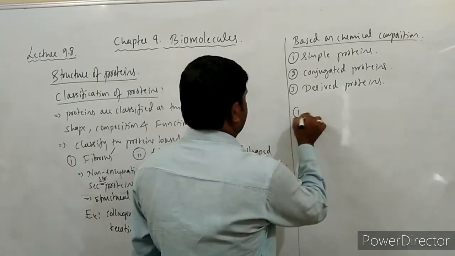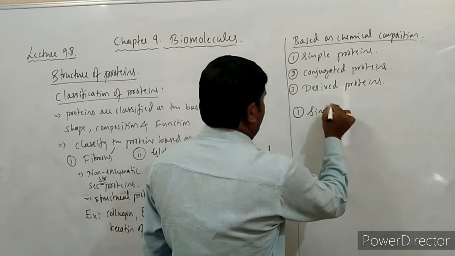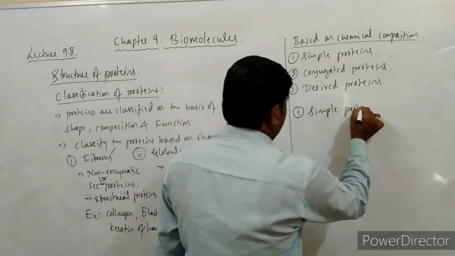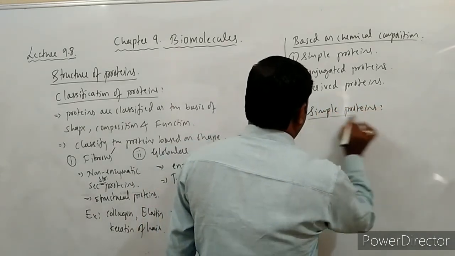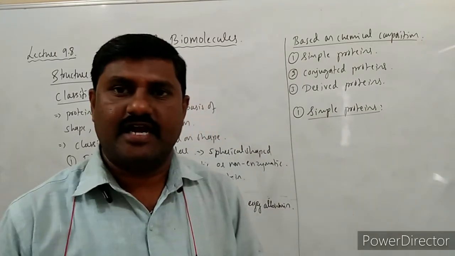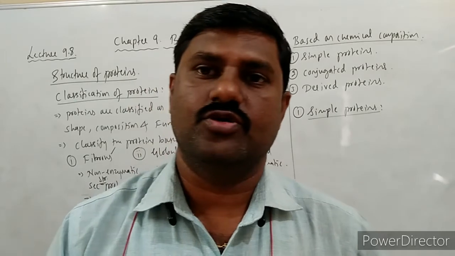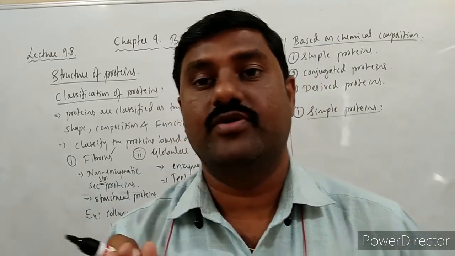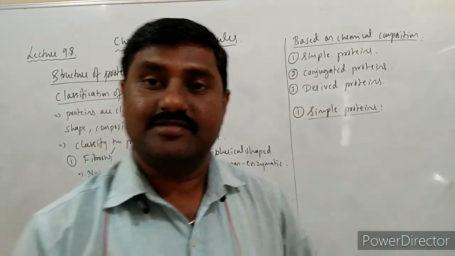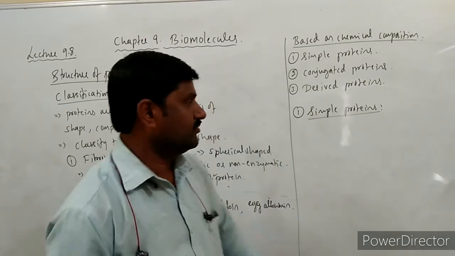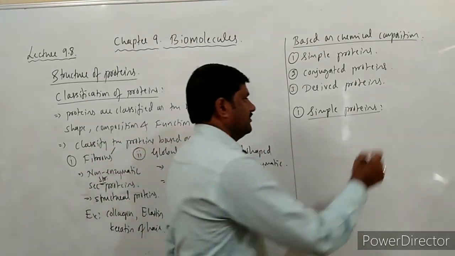So first of all, we will start with the simple proteins now. Simple proteins are those proteins which are made up of only the amino acids. And such kind of proteins are said to be simple proteins.